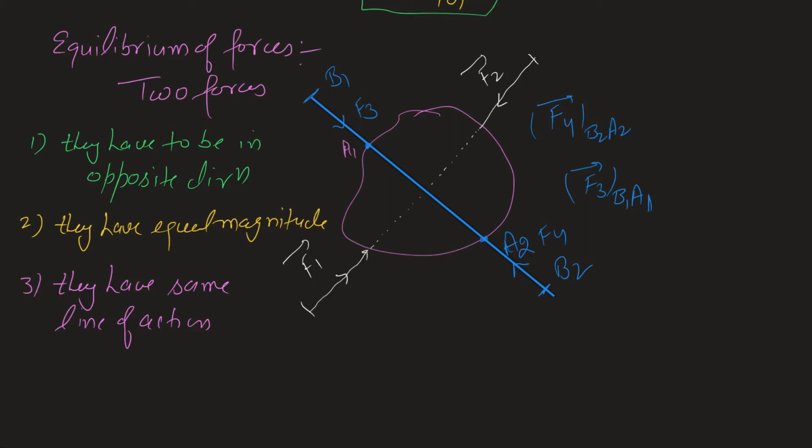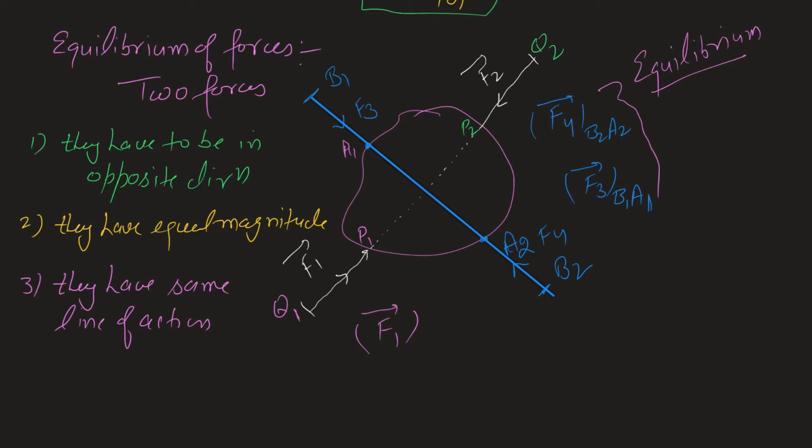Both forces are in equilibrium. Similarly, F1 and F2 are in equilibrium. If I write down the line of action, what should I be naming it as? Say this is P1, this is Q1, this is P2, this is Q2.